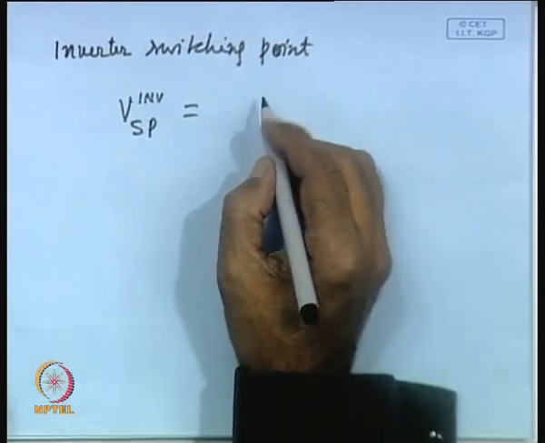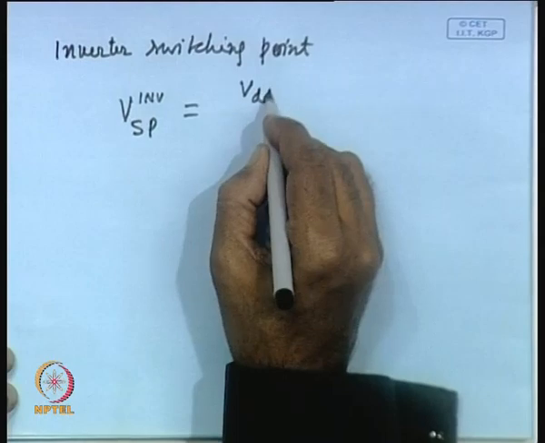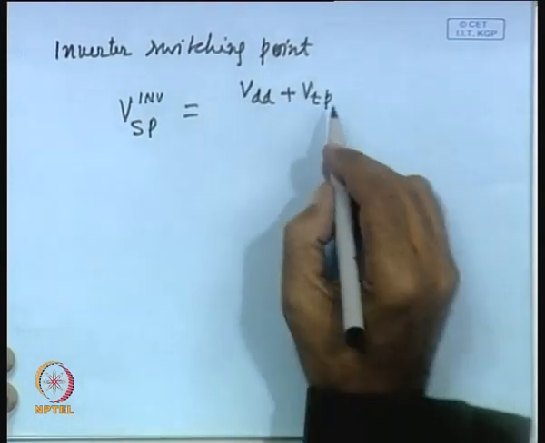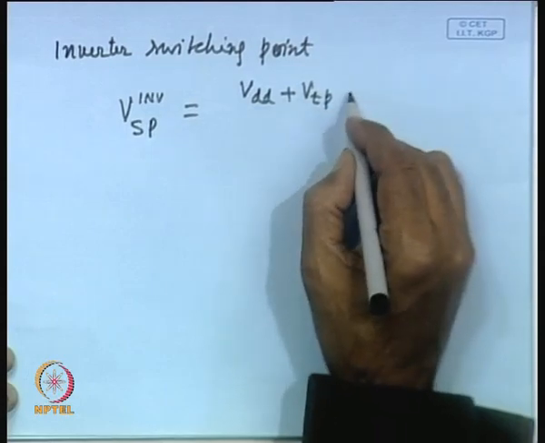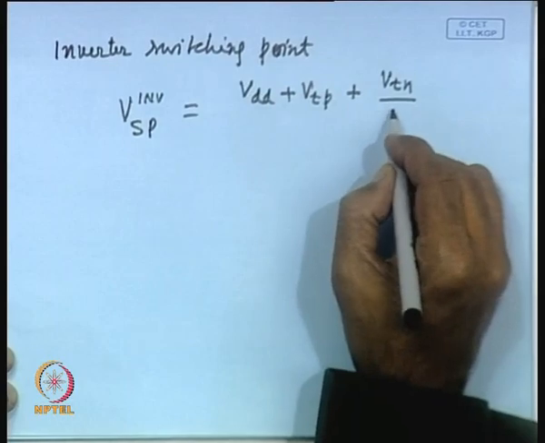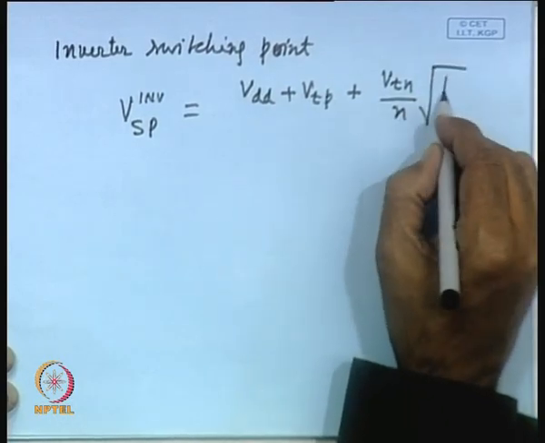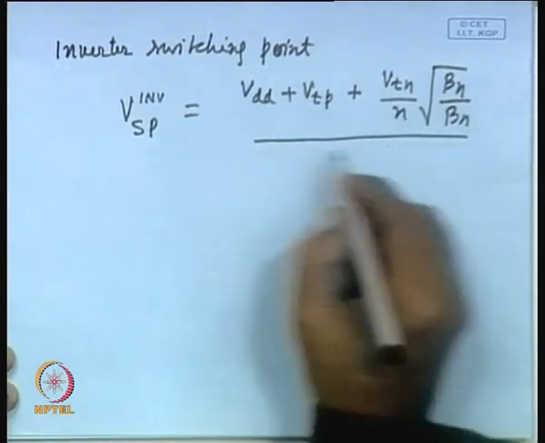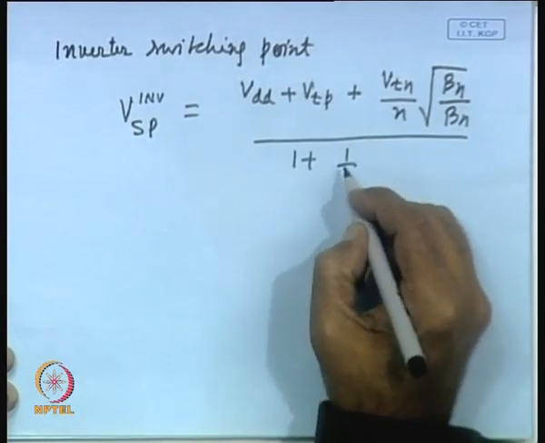We know that the expression is VDD plus VTP, where VTP is the threshold voltage of the PMOS transistor, plus VTN times root beta n by beta p, divided by 1 plus root beta n by beta p.